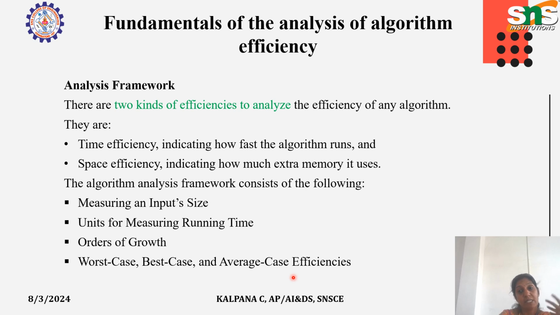Not only the size of the input, it also deals with the type of the input. Based on the input type and the nature of the input, my time and space complexities may vary. So we broadly classify them into three categories: worst case, best case and average case. So these four are the important parts of the analysis framework.